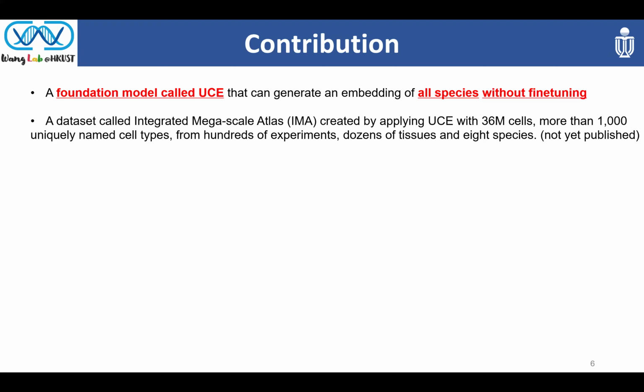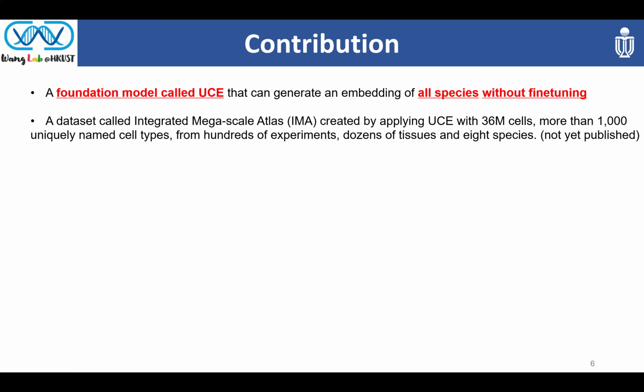Okay. So what do they mean by all species? Let's say maybe tomorrow I find a new species. No, sorry, all species means almost all species. Okay, almost all species. Yes, actually, around 10 species are provided.